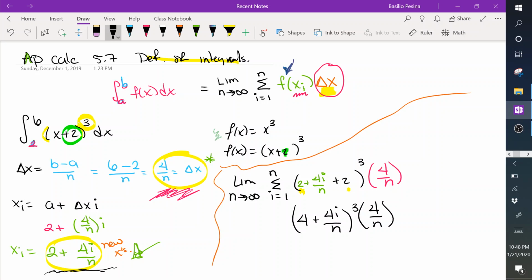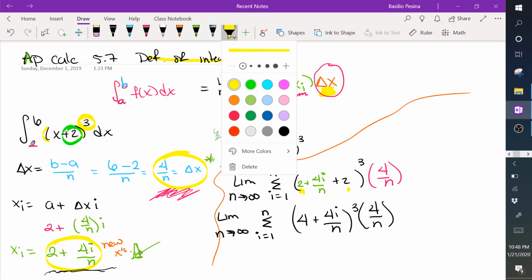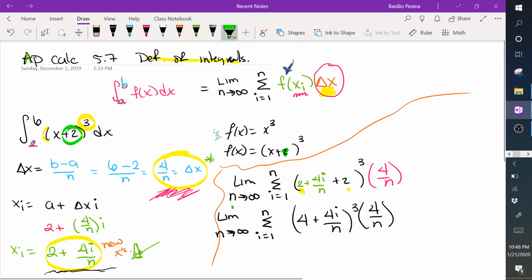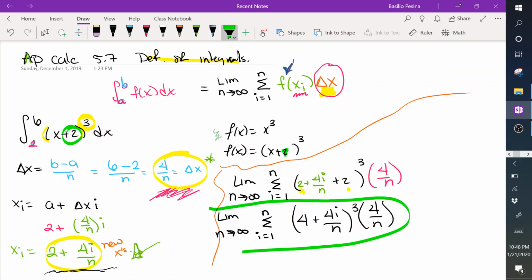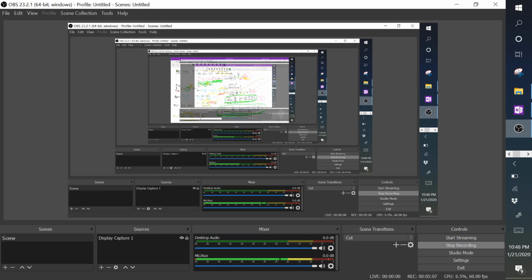Let's make this a little prettier and put our limits as n goes to infinity as we sum up the areas starting with my first rectangle and so on. So my answer is this one right here. This part right here is my solution for my integral. This gives me an exact area under the curve, just as if I was to do this right here, like we learned before. Thank you.